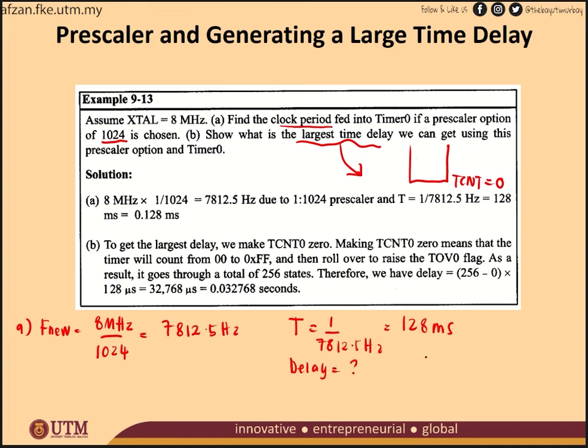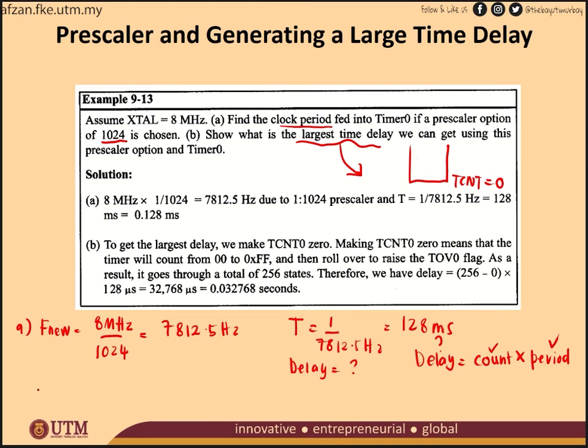You know that the equation for delay is delay equals count multiplied by period. You already know the period, then you need to find the delay. What about count? You can find your count value by putting TCNT equal to 0.